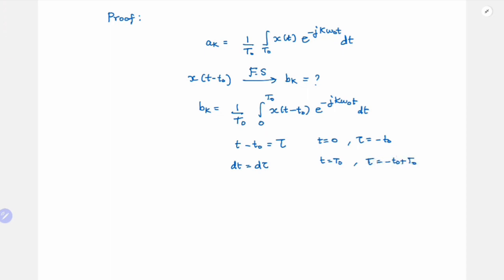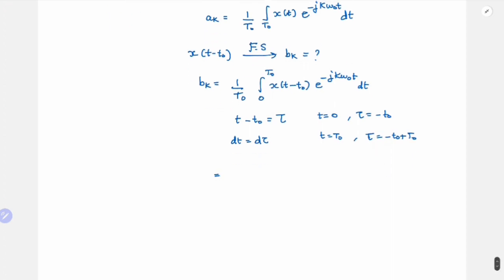So still the limits are within one period. It's actually one period.